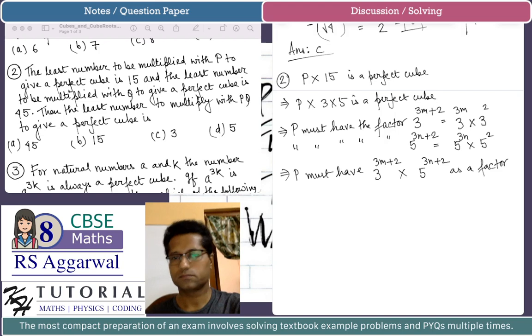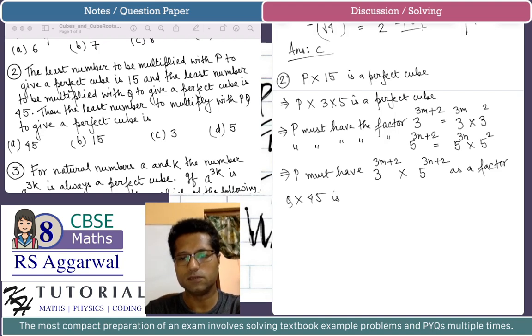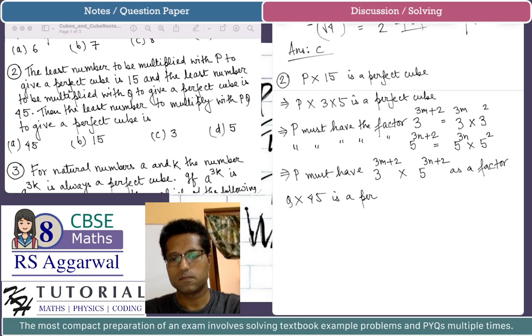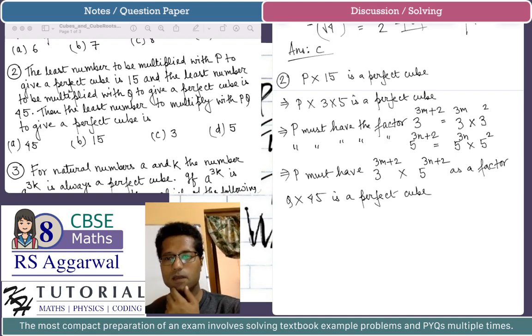factor. So similarly, it is also given that q, the least number to be multiplied with q to make it a perfect cube is 45. So it is given q multiplied by 45 is a perfect cube, because 45 is the least number which when multiplied with q will give a perfect cube.